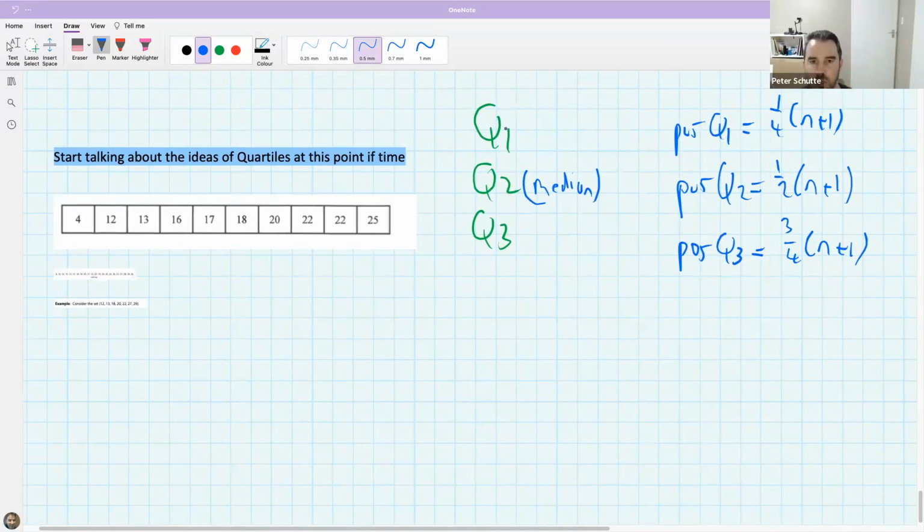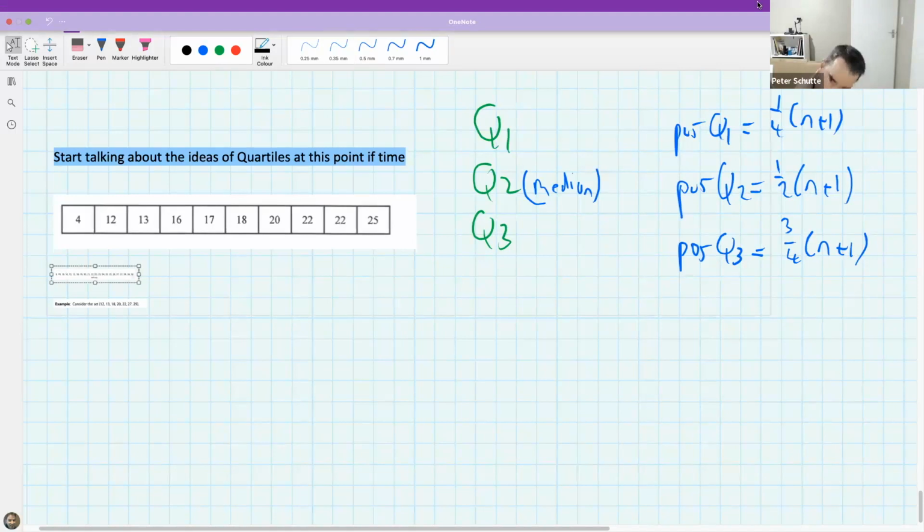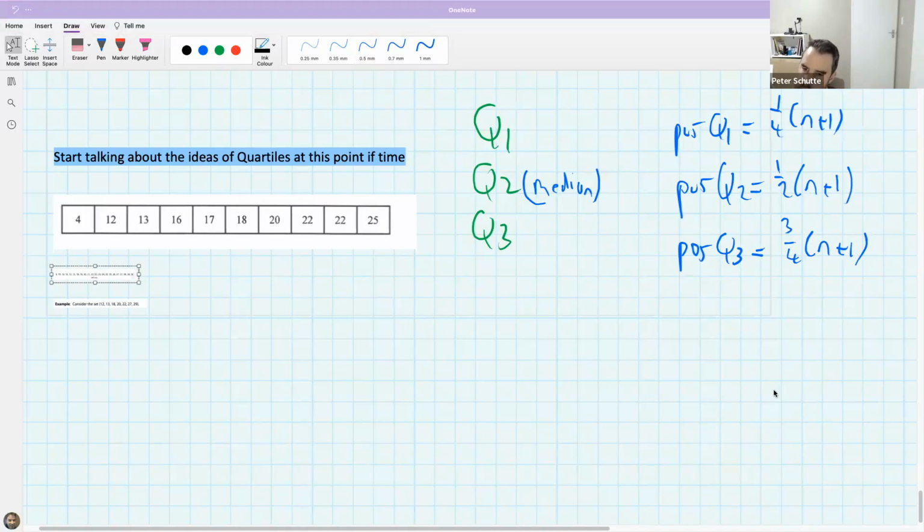And I also want you to try and find me the lower quartile or Q1 and the upper quartile using this position formula. Let's find the median first. 6, 7, 8, 9, 10.